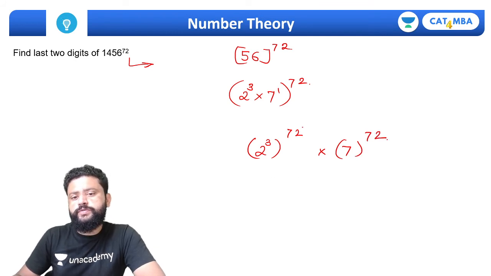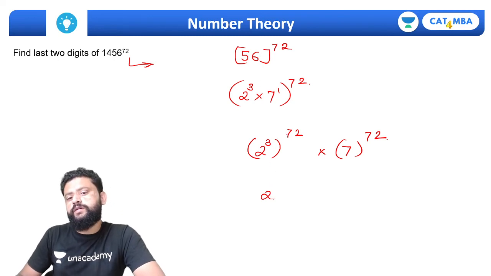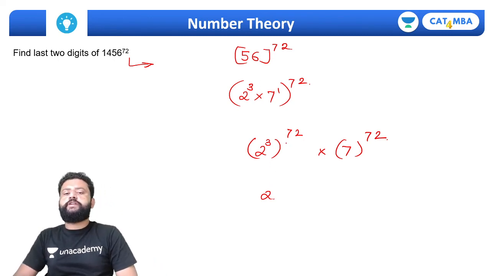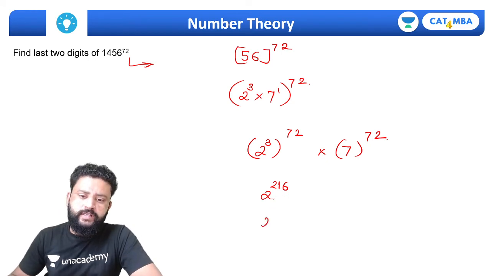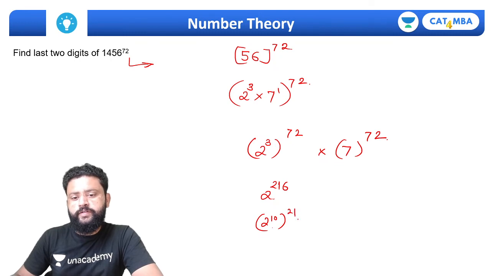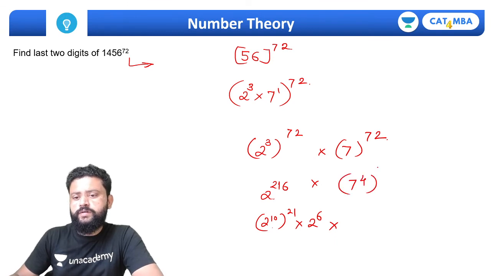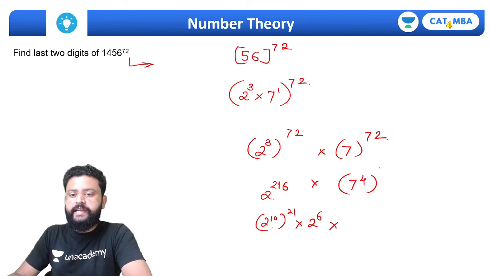Now 2 cube to the power 72 will be 2 to the power 3 into 72, which is 216, which is nothing but 2 to the power 10 to the power 21 into 2 to the power 6 into 7 to the power 4 and ऊपर मैं लिखूंगा 18.